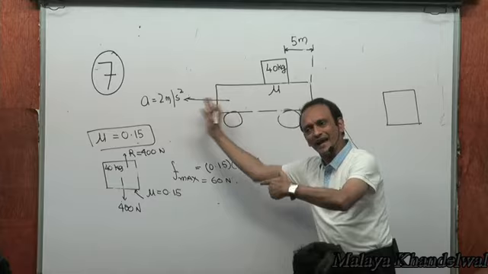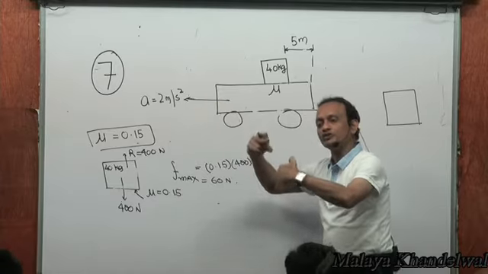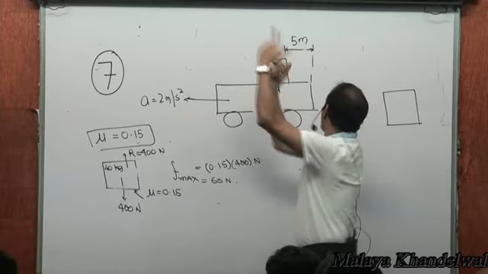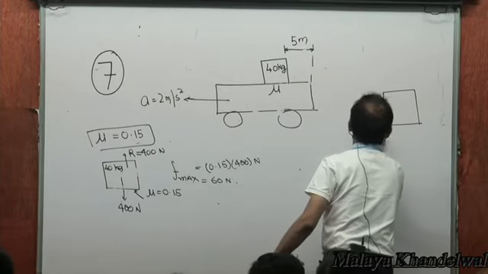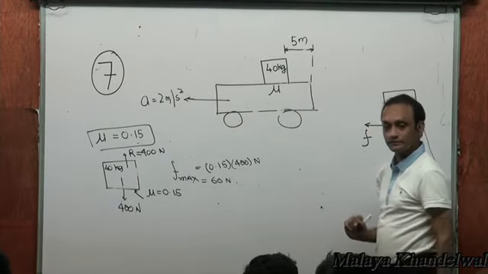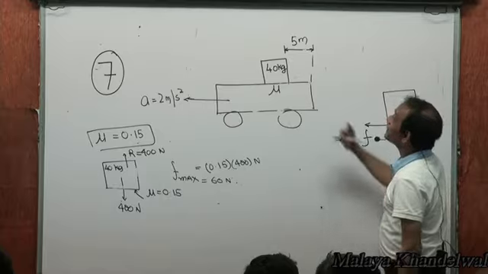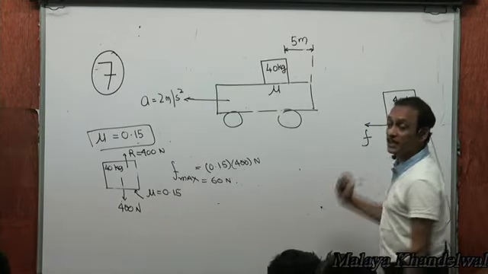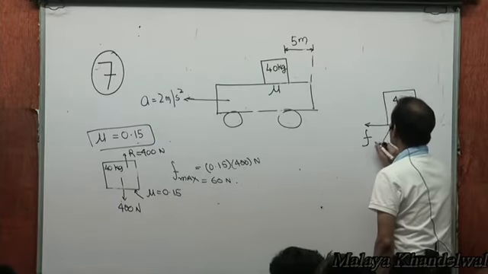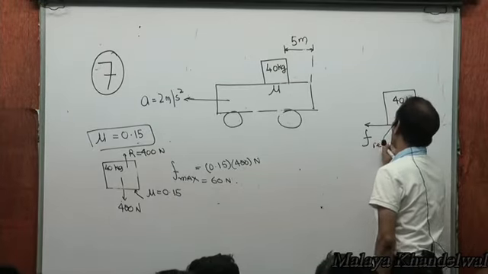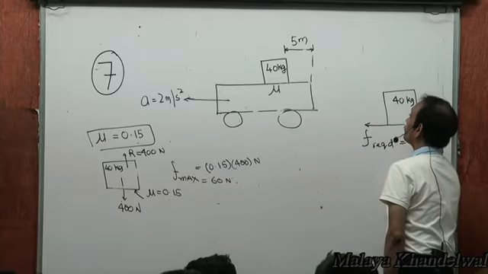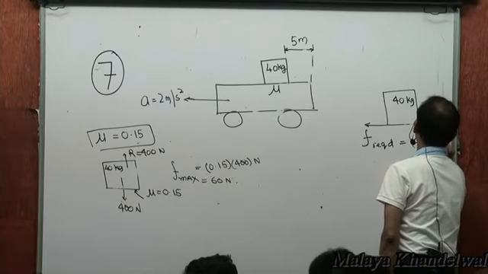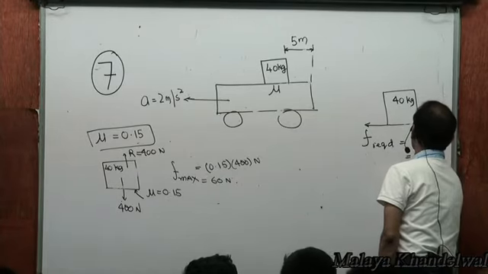So if the truck has a leftward acceleration, friction that the truck will exert on the block will also be leftwards, so that this 40 kg block could have the same acceleration as the truck. Now, question is, how much friction is required? 40 into 2, 80 newtons is required.